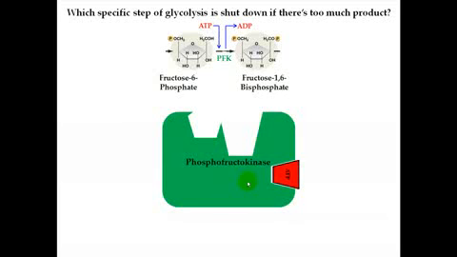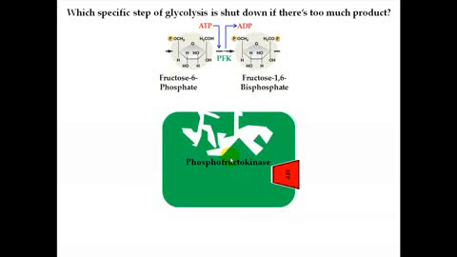And so it acts as a non-competitive inhibitor, which means that once it binds to the regulatory site, it changes the shape of the active site enough so that its normal substrates would not be able to bind. Right? So ATP serves as both this enzyme's inhibitor and as one of its substrates. So ATP can either activate or inhibit this enzyme.